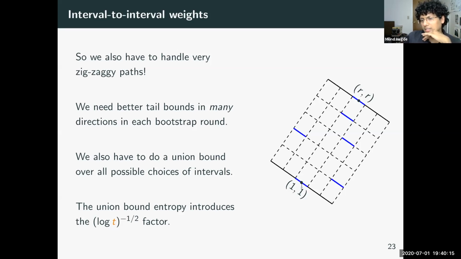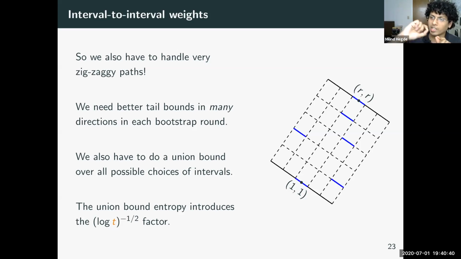And the other thing is that if you specify a weird selection of intervals, like the one I've drawn over here in blue, then the path has to go really zigzag. It has to go to the right very quickly, and then all the way to the left, and then to the right again, and so on. And the earlier thing we did, the bootstrap I described to you, was for the geodesic in the RR direction.